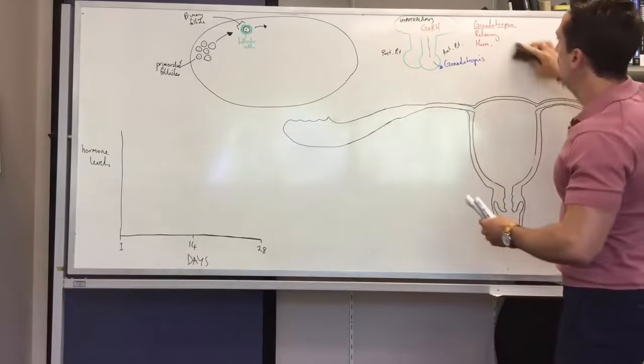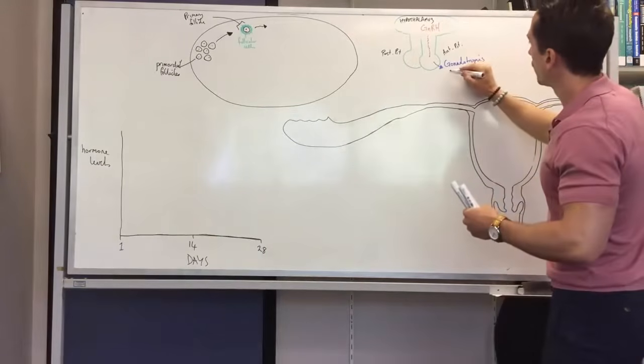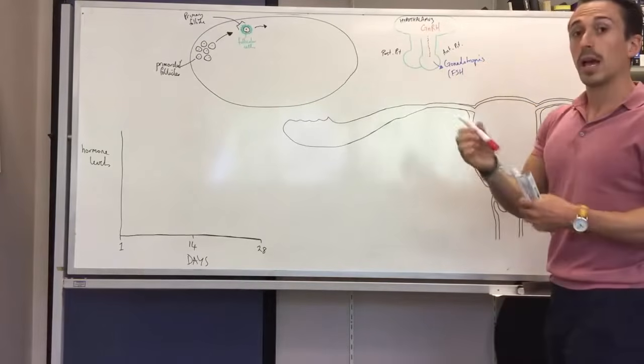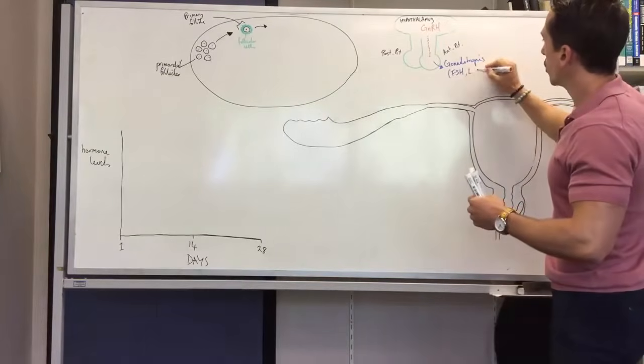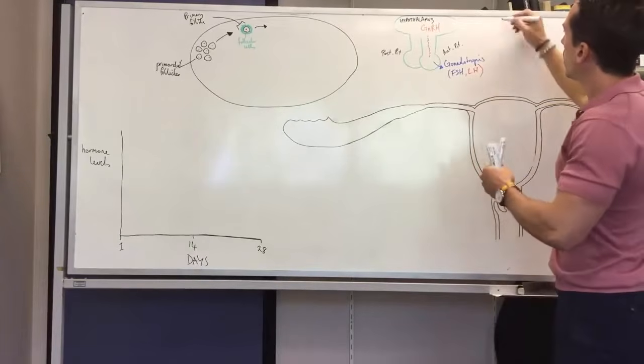Now, these gonadotropins, there's two. One is called follicle stimulating hormone, and one is called luteinizing hormone. So let's write that up very quickly.